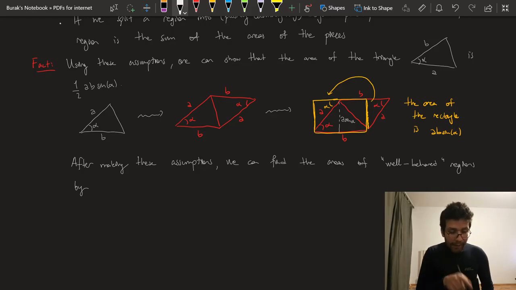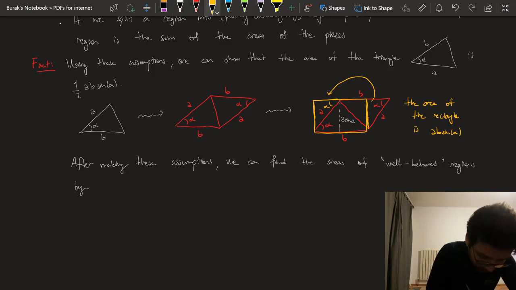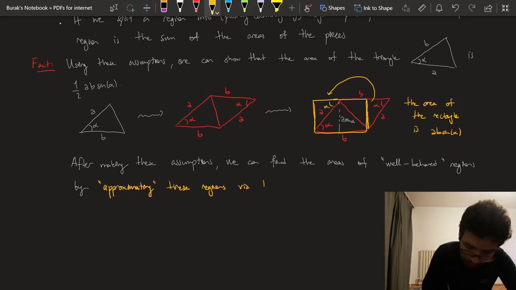Now, after making these assumptions, we can find the areas of well behaved regions by approximating these regions via basic shapes from outside and from within.